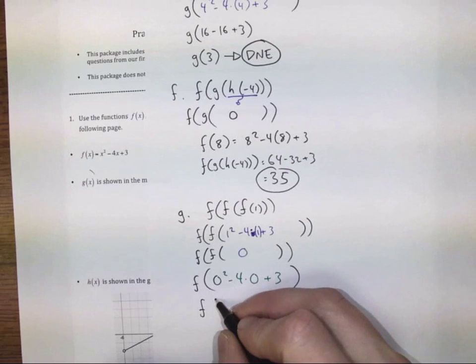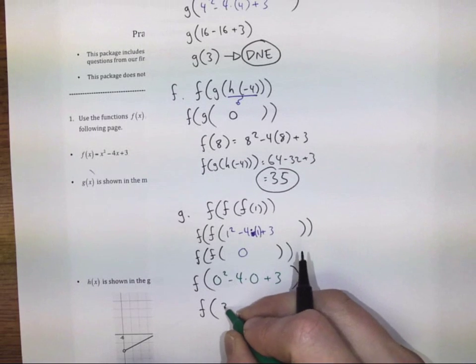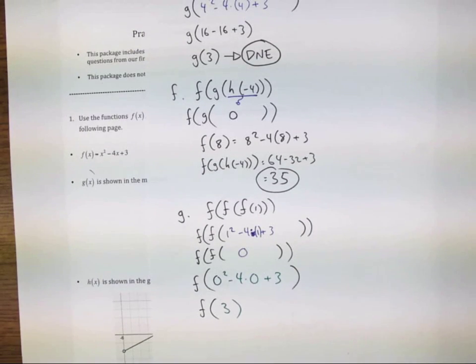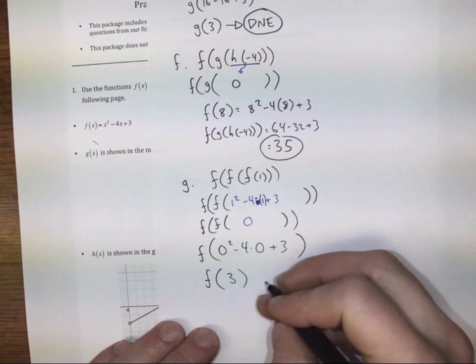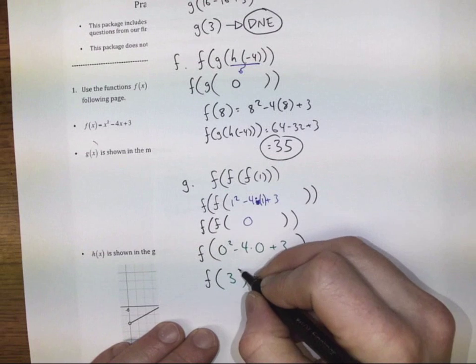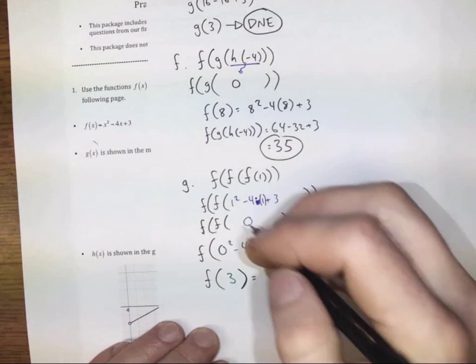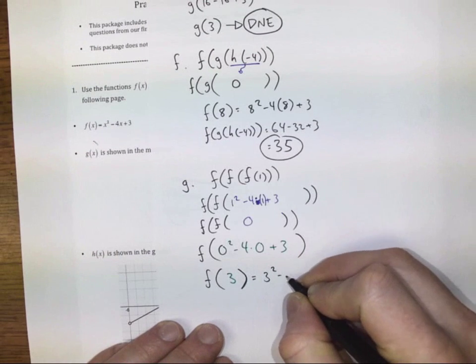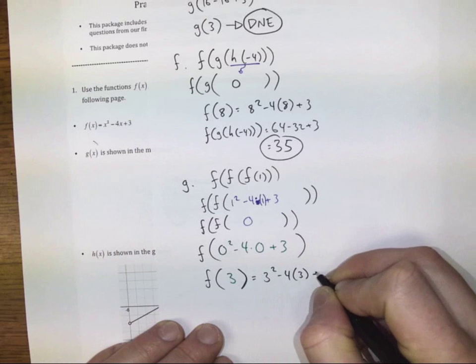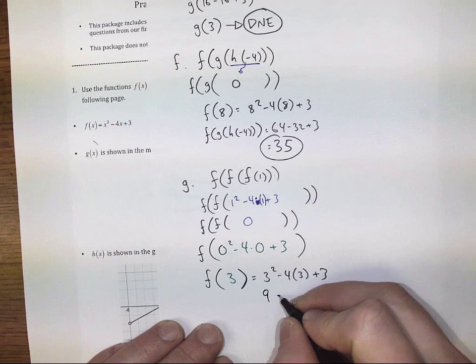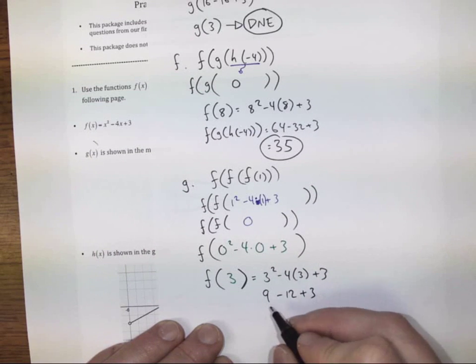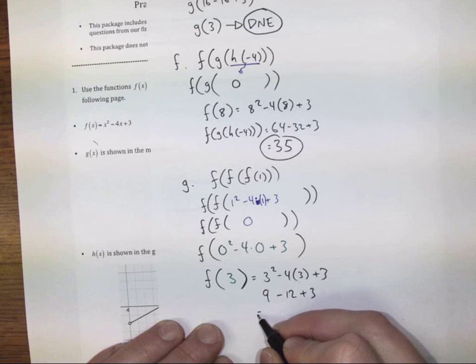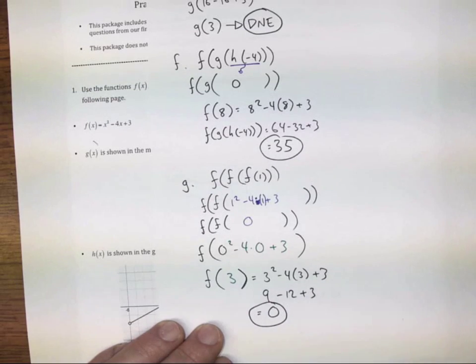So it's actually going to give us f of 3. Okay. And then lastly, we're going to take that value and plug it into our function here. So we got 3 squared minus 4 times 3 plus 3. This is 9 minus 12 plus 3, 12 minus 12, so that gives us 0 in total. Okay.